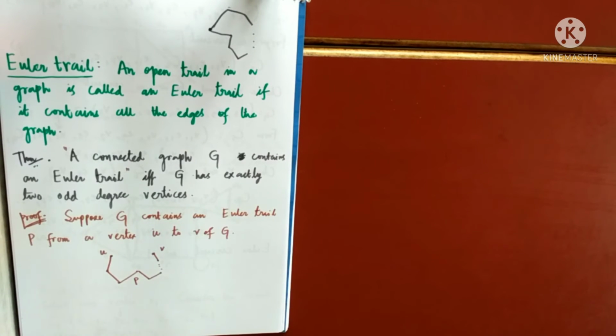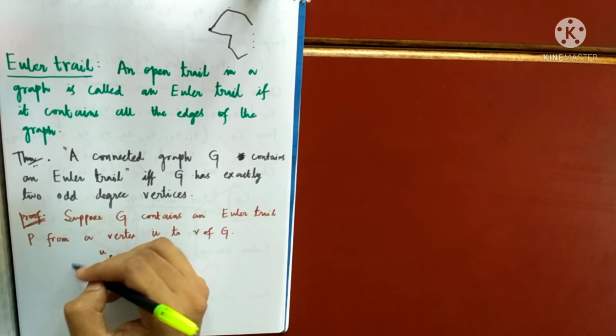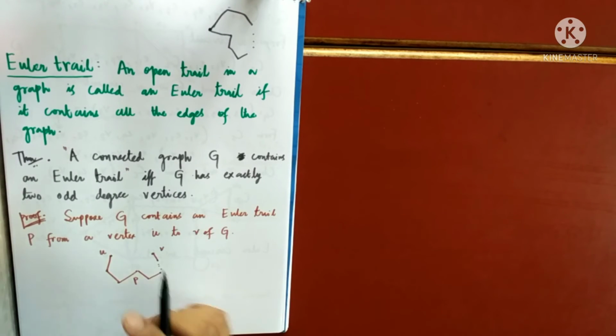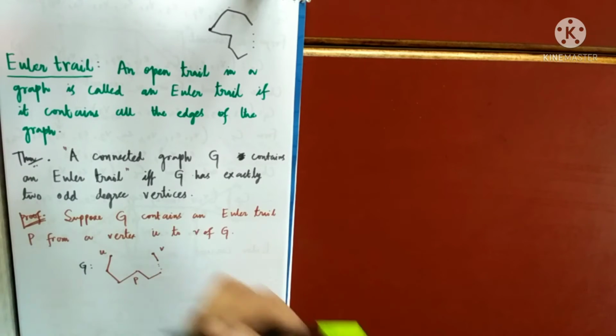Now this is your graph G somewhat, and this is your trail P. This is just a rough diagram. You are not supposed to draw like this. I am just trying to explain.